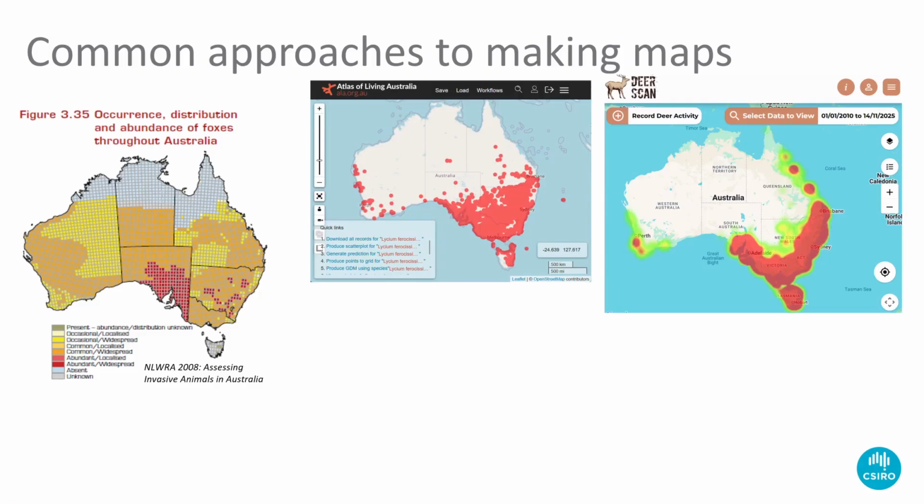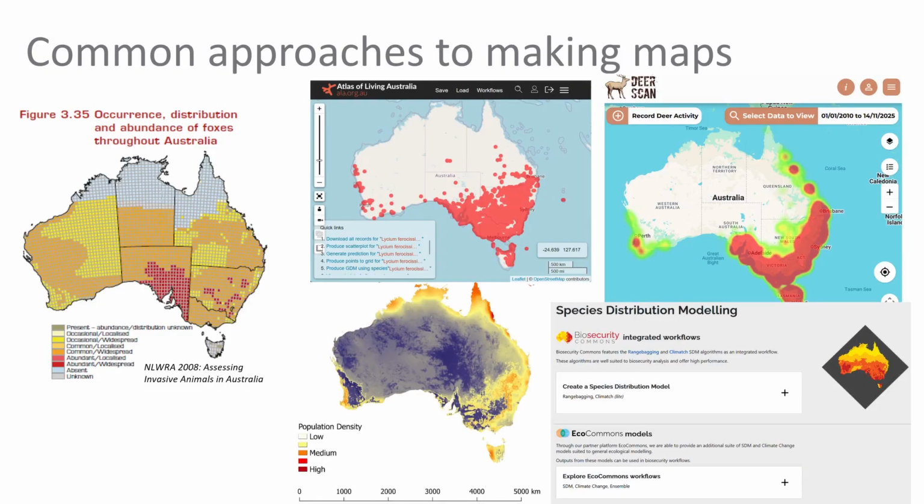Alternatively, one could draw on the huge amount of field observations that are continuously collected and aggregated in important national infrastructures such as the Atlas of Living Australia or also FeralScan, and display these data directly or in the form of hotspot maps. Or one could use them in a statistical species distribution model, which basically relates species observations to environmental characteristics so that predictions in unsampled areas can be made.